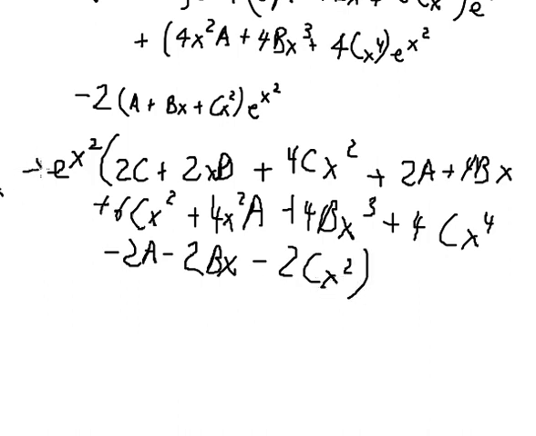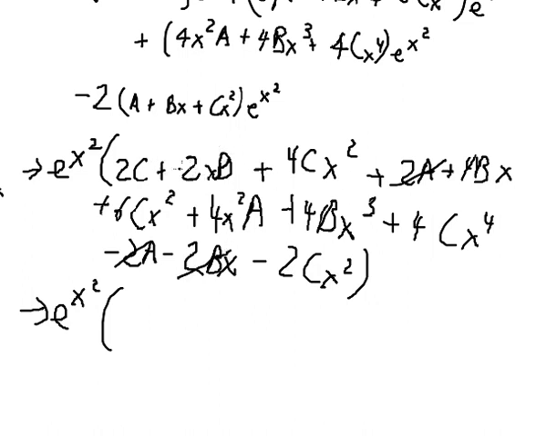So we need to simplify. Negative 2a, positive 2a, we cancel. 2bs, negative 2bs, we cancel. So 4c plus 6c minus 2c, that is 8cs squared.